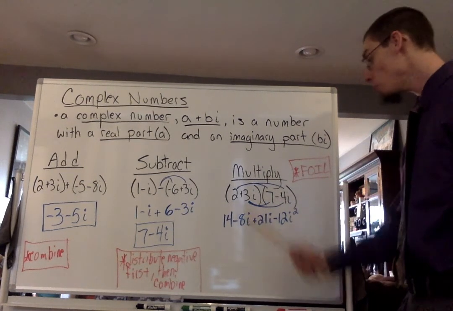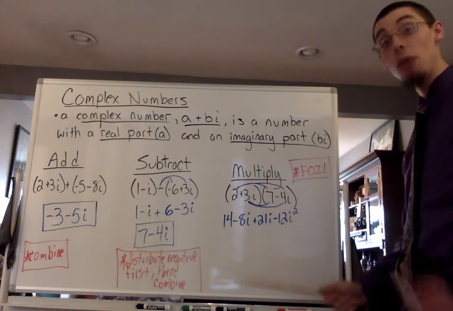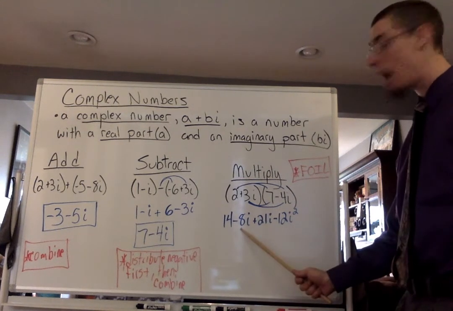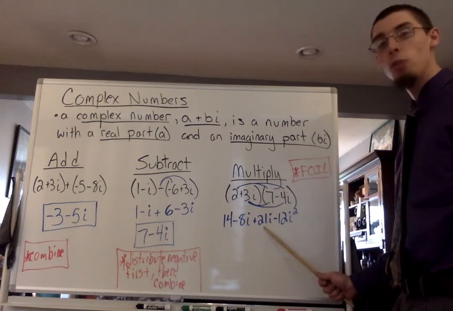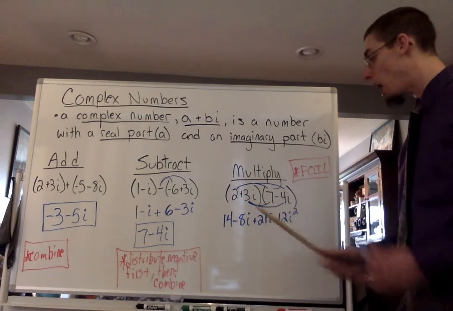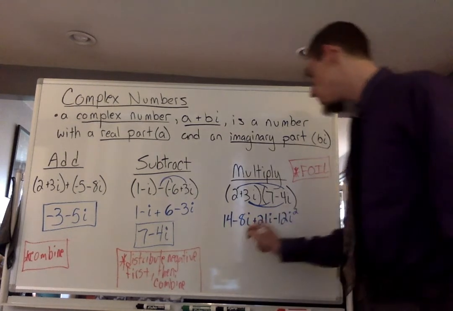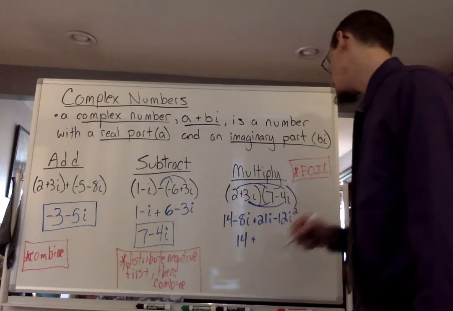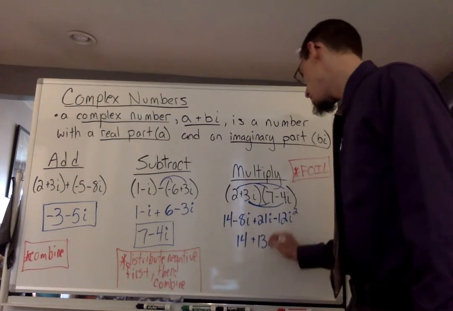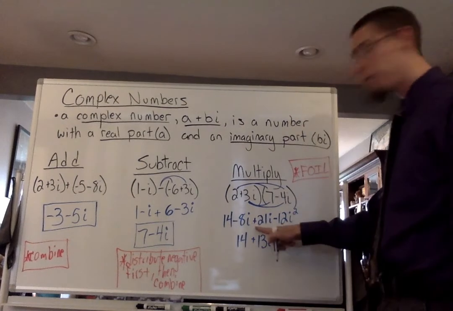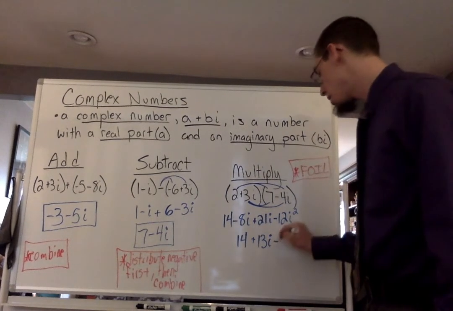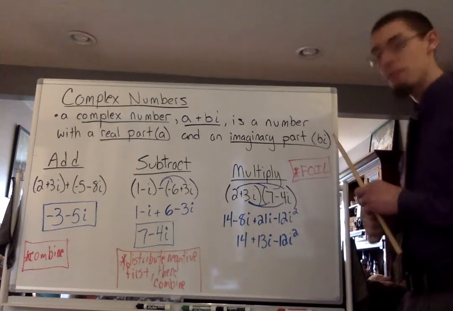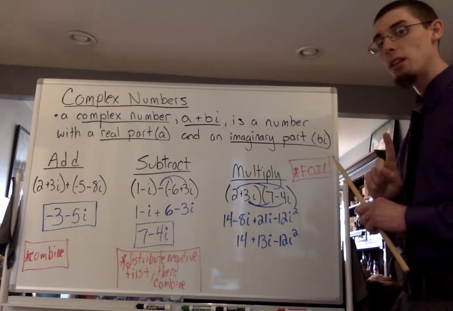Now, you have like terms, a negative 8i and a positive 21i. So I will combine those. So I get 14 plus 13i, that's negative 8 plus 21, minus 12i squared. And we're not quite done.